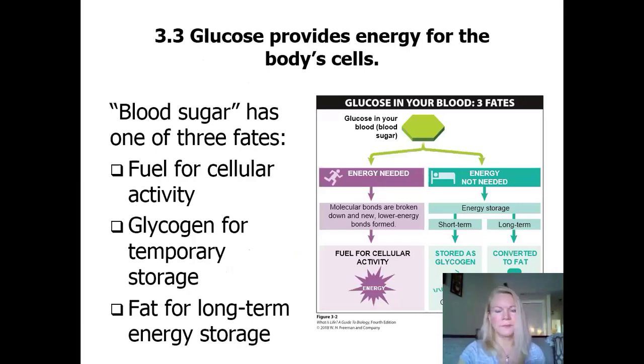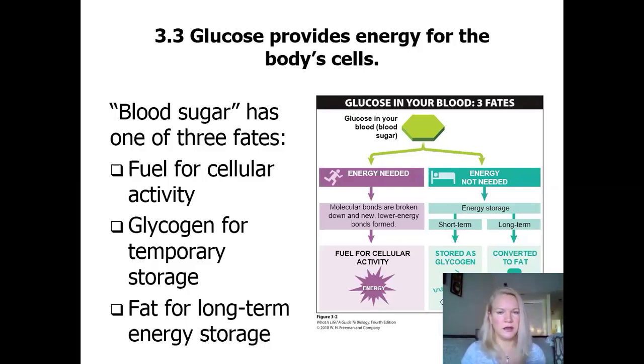So glucose. We take in our food, and that glucose becomes a part of the sugar that's in our blood. So, blood sugar. Maybe you hear about that with diabetics talking about blood sugar, or even people who have low blood sugar and are in a bad mood because they're hungry.